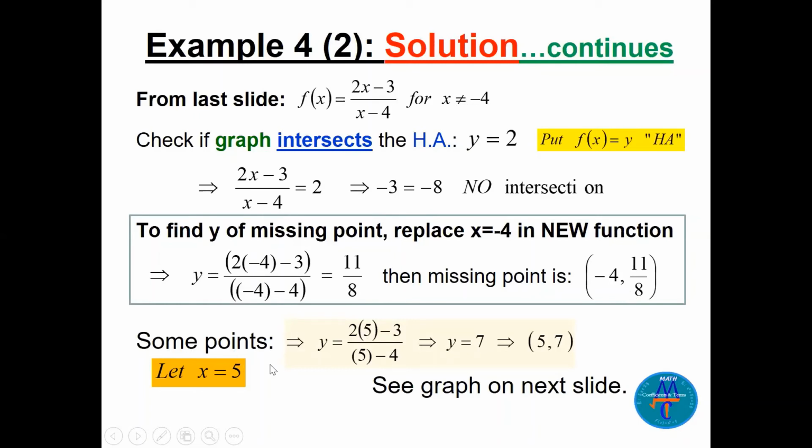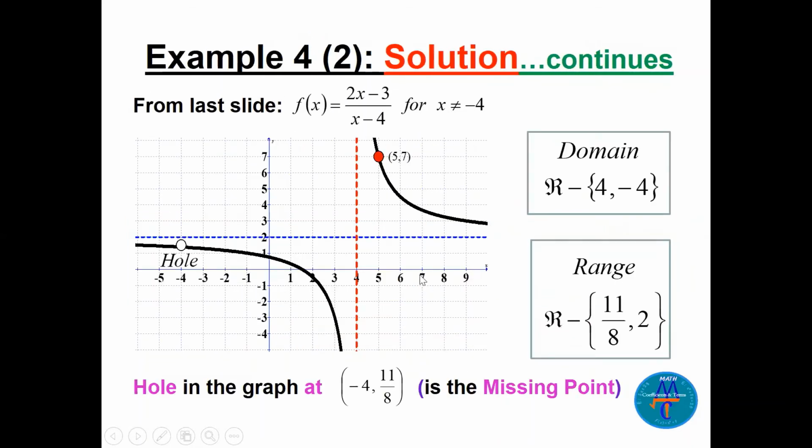Some points, let's take x equals 5. We can see now on the next slide the graph. If I take 5, it will be 7. You see, this is 5 and 7. So there is the x-intercept and there is the y-intercept, these points. And then there is a hole here. See the hole? Minus 4, 11 over 8, less than 2.